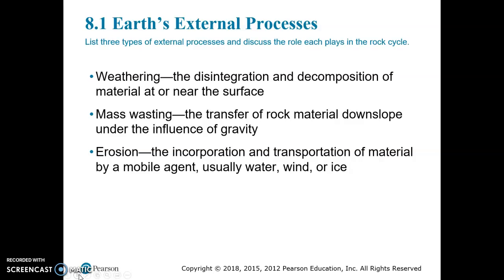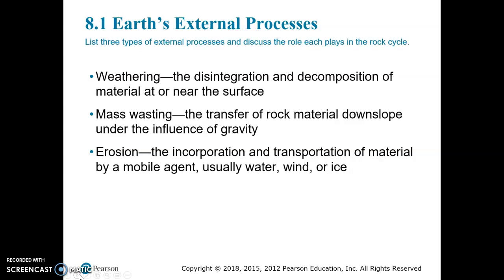So just to give you some definitions of this terminology, weathering is going to occur at or near the surface. And weathering is going to be done by some type of external factor, external force. Mass wasting is when we get a huge amount of rock material of some sort that goes downslope.